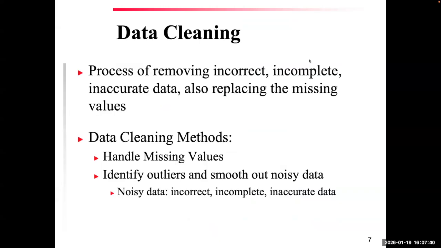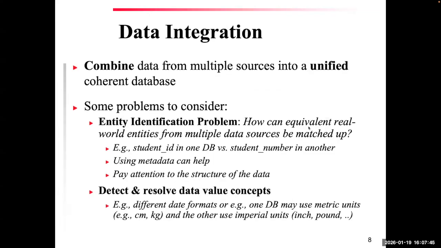And what are the ways to deal with them? Before moving into each of them completely, we provided an overview of each one. So after data cleaning, we talked about data integration, and that if data comes from different places, then we want to combine them first before doing any analysis.